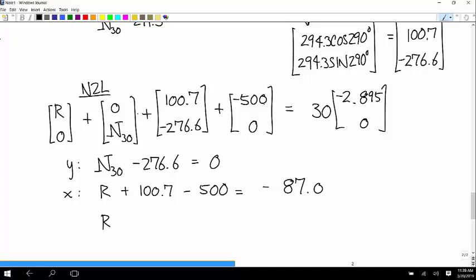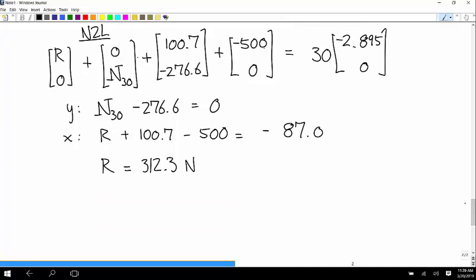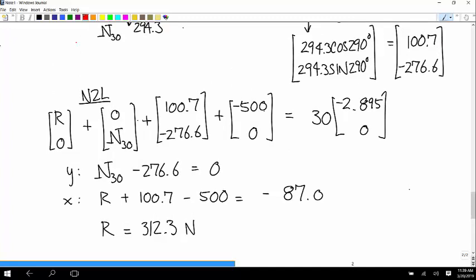And so R then is equal to, can someone calculate that for me? 312.3 newtons. Makes more sense. Okay, so what's the force vector applied to the 30 kilogram cart by the 50? The answer to that comes from the fact that we know this is the force on the 30 by the 50. And so now we just plug this variable value back into that vector.